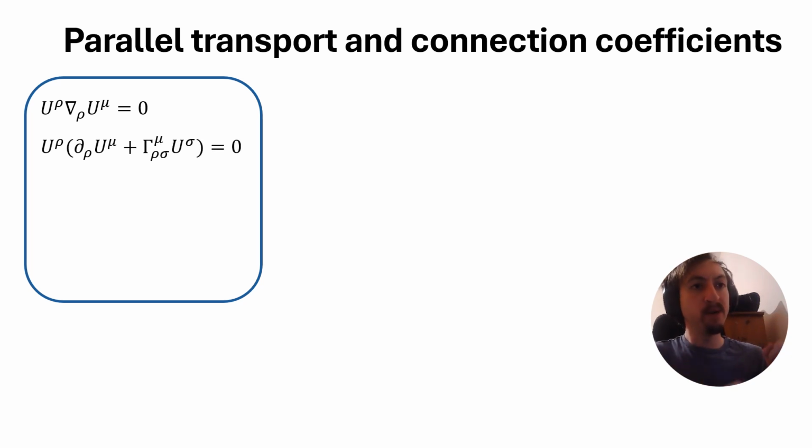And what we find is that when we look at our equation for parallel transporting four-velocity, we get something like this on the second line, and that's just using the definition of the covariant derivative, which we explored in the previous video.